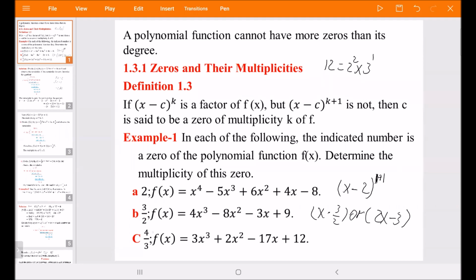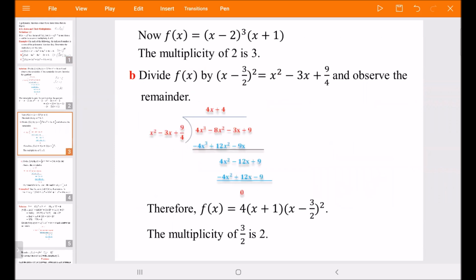So convert this into a factor, then add 1 to the power of this factor, that is 1 plus 1, it is equal to 2. So x minus 3 over 2 to the power of 2, write this in its expanded form. So the result is x squared minus 3x plus 9 over 4.